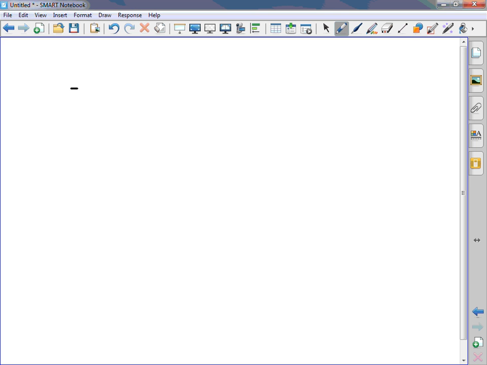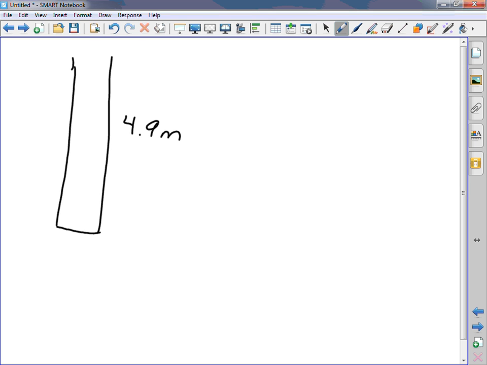I've got a pipe. Well, let's turn it more vertical, because that's kind of how organs work, right? I've got a pipe that is, let's say, 4.9 meters long. And I want you to run a comparison for me. I want you to compare this pipe, 4.9 meters long, if it was open on both ends or closed on one end.